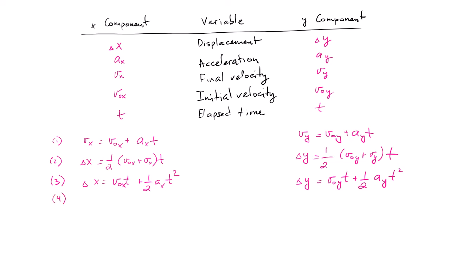Finally, for the fourth equation, we have v_x squared equals v naught x squared plus 2 a_x delta x. And same thing for the y component, v_y squared equals v naught y squared plus 2 a_y delta y. Be careful and remember that the time for both x and y components is the same.